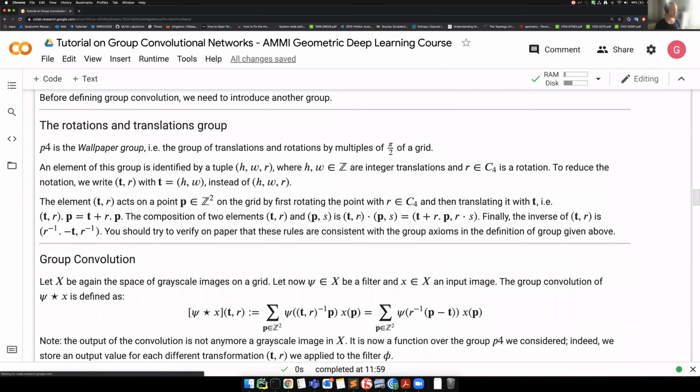Remember when we defined the multiplication of 2 group elements? It was like this. The rotation is only multiplied with the rotation itself, but the translation is combined also with the rotation. And the reason is, you can imagine, you cannot translate a rotation. A rotation is like an angle, but you can rotate a translation, right? A translation is a point in the plane, you can rotate it. So that's kind of the intuition of what's going on there.